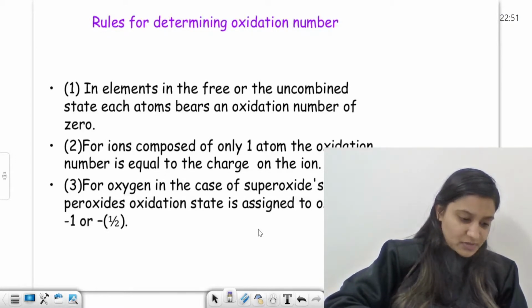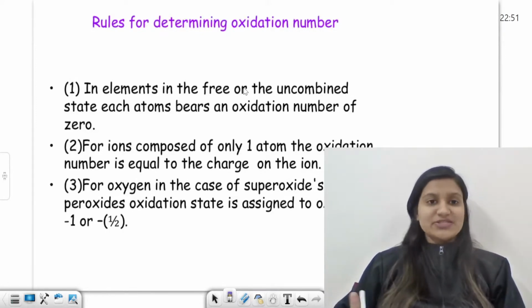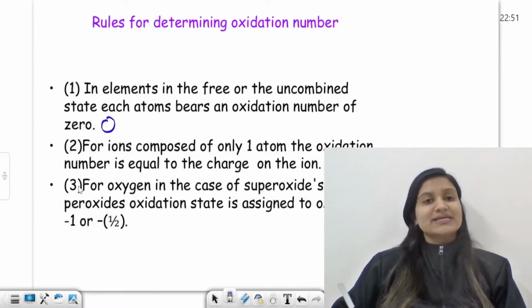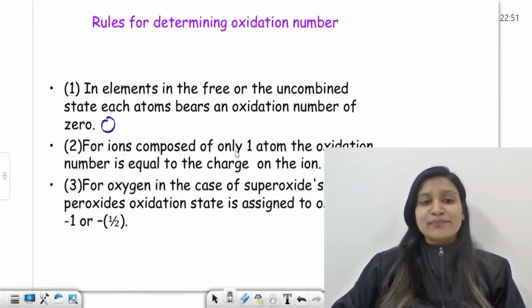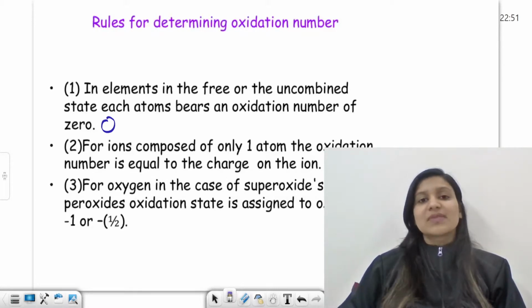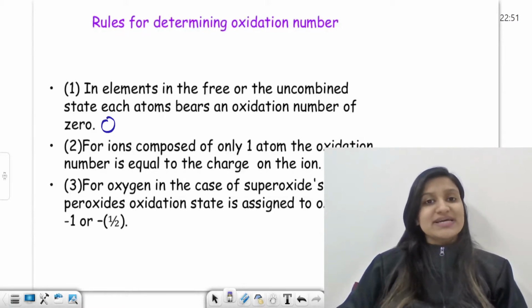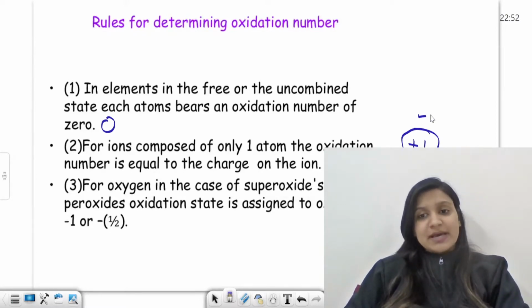So for elements in the free or uncombined state, we discussed that the oxidation number will be 0. This we saw previously as well. For ions composed of only one atom, the oxidation number is equal to the charge on the ion. Suppose the ion is of a simple atom like Na positive, then its oxidation number will be +1.